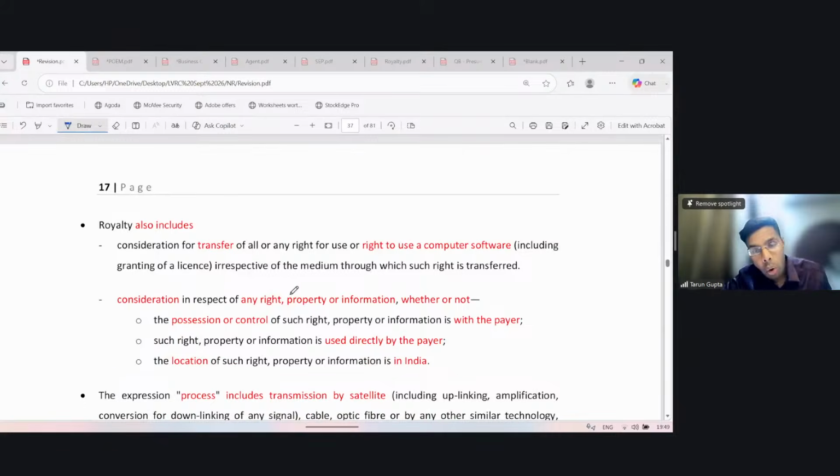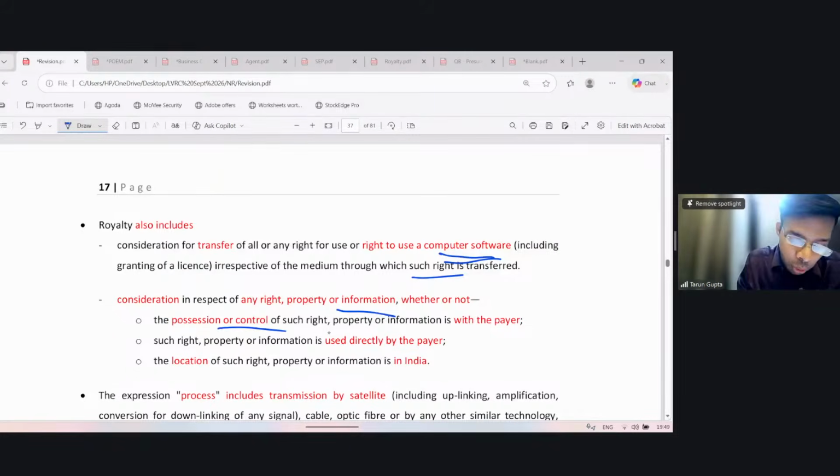Now, it says royalty also includes consideration for transfer of all or any right to use computer software, irrespective of the medium through which such right is transferred. Right. And royalty also includes any consideration with respect to right, property, or information, whether or not the possession or control of such right, property, or information is with the payer, whether or not the right, property, or information is used directly by the payer, or whether or not the location of such right, property, or information is in India.